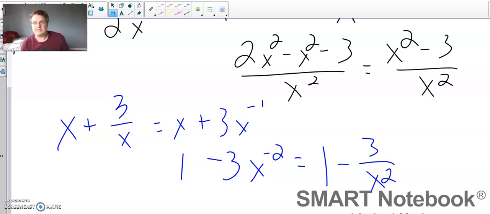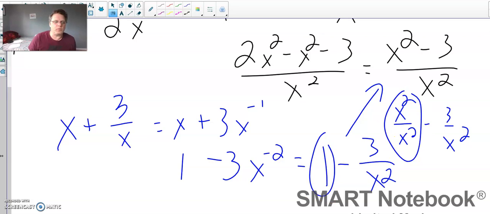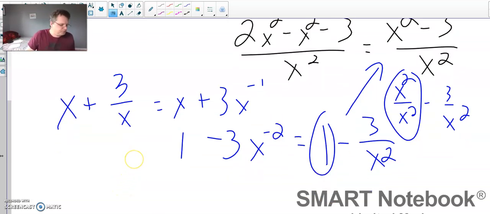That's the exact same thing as the original. How do I get that from the original? Well, I break it up into x squared over x squared minus 3 over x squared, and x squared over x squared is 1. So that's showing it both ways. You'll have to do one of those on the handed assignment.